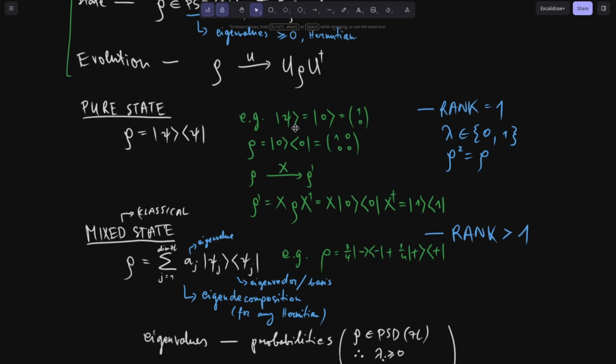And this is an example. We had a vector 0, which was expressed as 1, 0. And if we want to write it in matrix form as a density matrix, we apply these vectors, multiply them, and we get this kind of matrix. So this is our state.